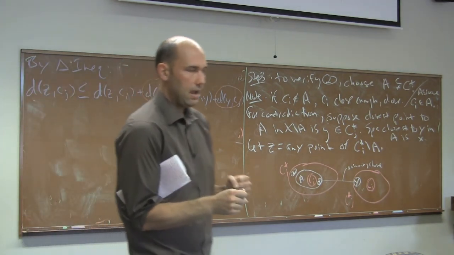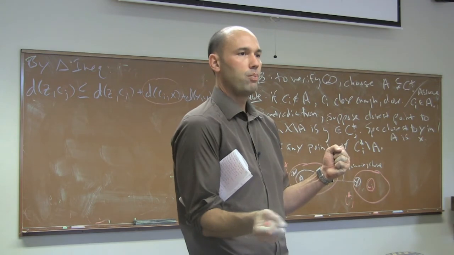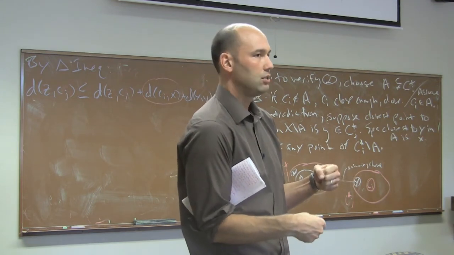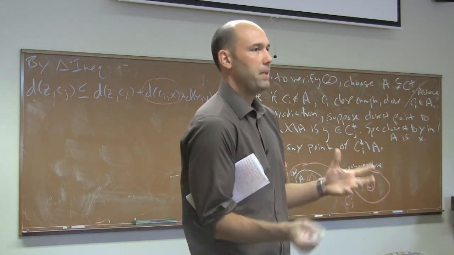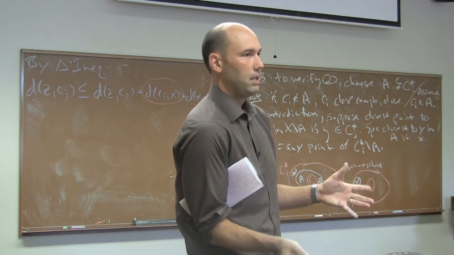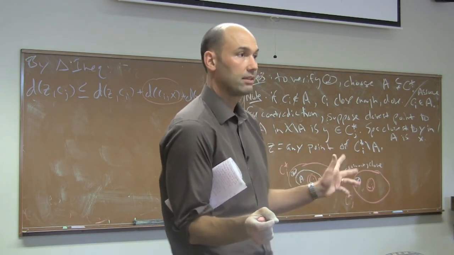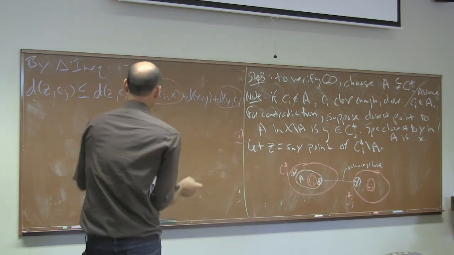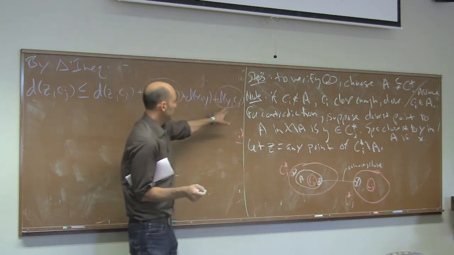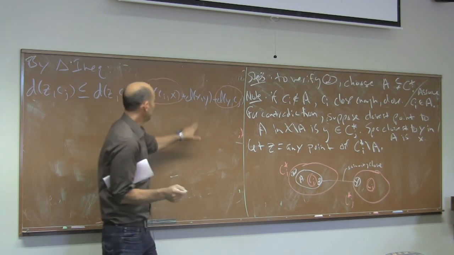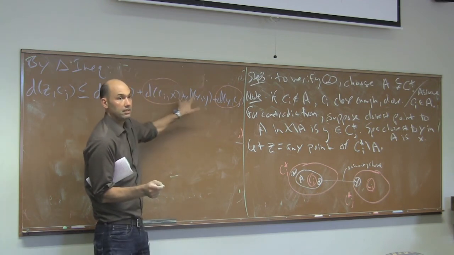Step 2 said that the distance between 2 points in different clusters, such as x and y, is big. Big relative to what? Big relative to the distances between x and y and their own clusters. Factor 2 difference, actually. So here's the distance between x and its own cluster, distance between y and its own cluster. This is twice as big as either of those.